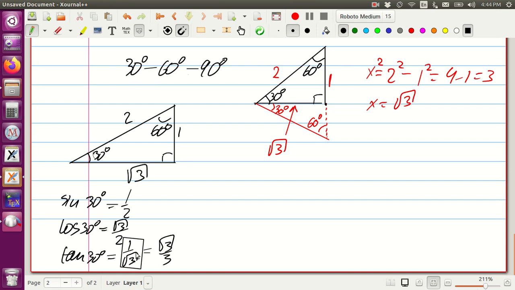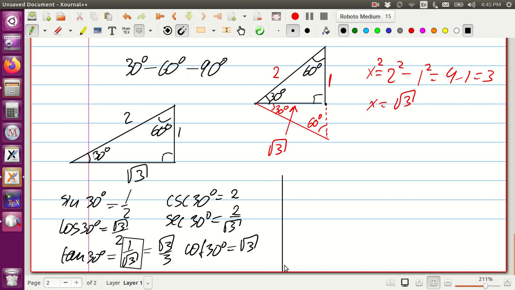This would be good enough. Then we go for cosecant of 30 degrees, which is 2 over 1, so it's 2. Then secant of 30 degrees is 2 over square root of 3. And cotangent of 30 degrees is square root of 3 over 1.